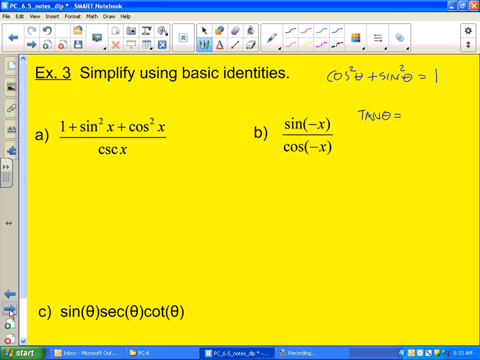So if a tangent is a ratio of y over x, and we had established at the beginning of this that our sine is equal to y, and our cosine is equal to x, then I can say that a tangent is also equivalent to a sine theta over a cosine theta. So that's another relationship you might want to think about in regards to tangents.